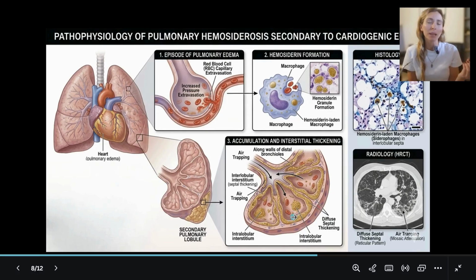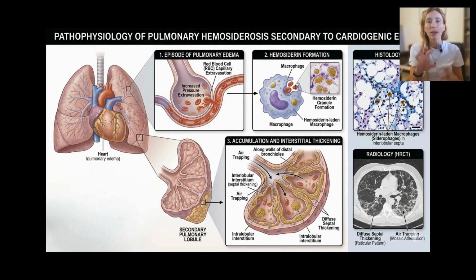This also explains why we have areas of air trapping, because the accumulation of macrophages in the bronchiolar wall or in the peribronchial interstitium generates a reduction in the caliber of the airway, producing air trapping, and therefore all the imaging findings that we saw on the CT of our two patients.